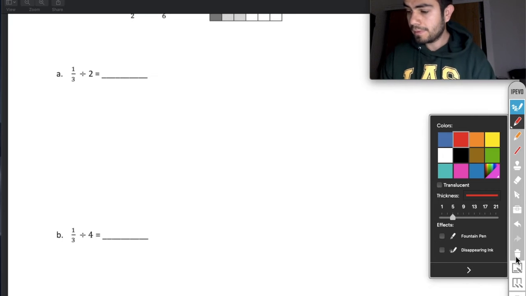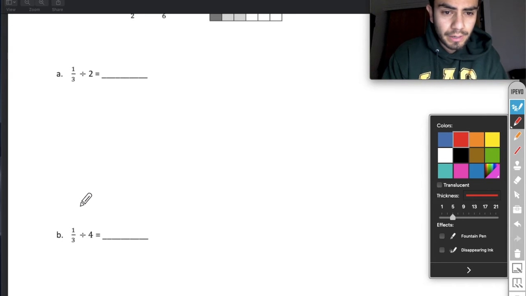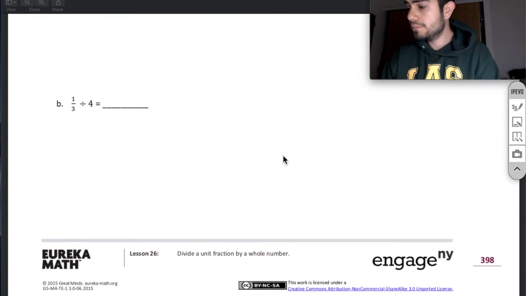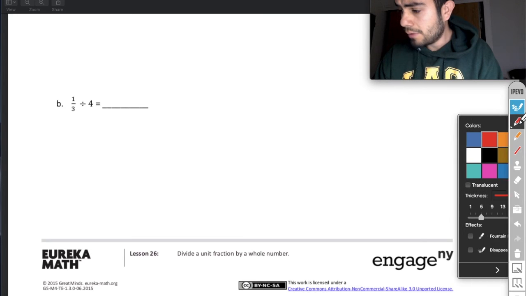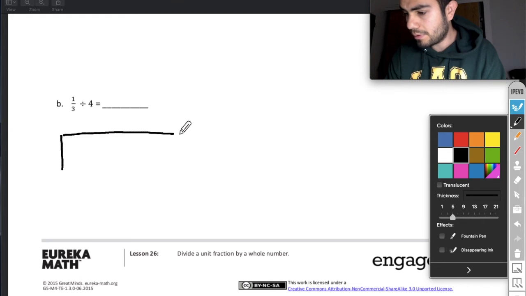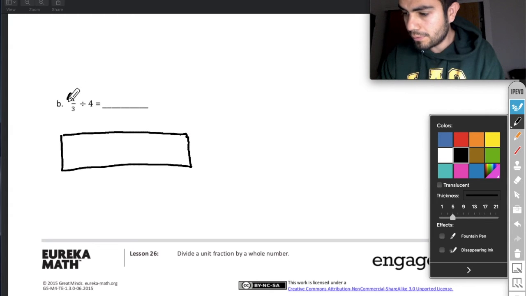Okay, so we got 1/3 divided by 4. So we're going to follow the same steps where we take our tape diagram to solve this problem. Okay, so we are going to show 1/3 on this tape diagram, like that, and 1/3 is about that much.